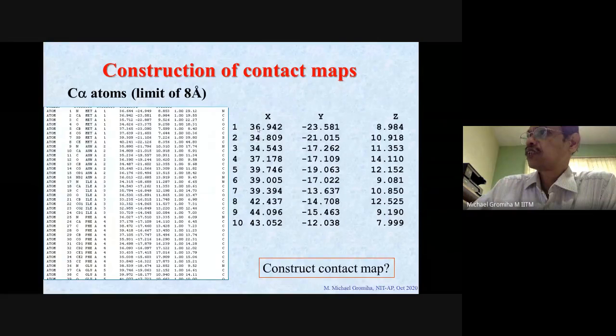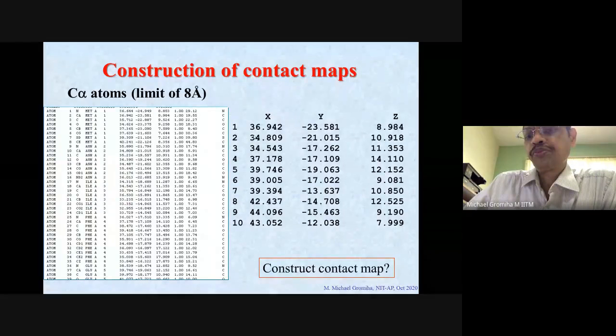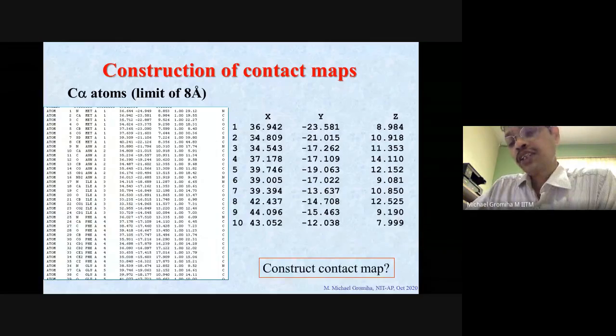What is the approximate distance between 1 and 2? Are you able to calculate the distance?